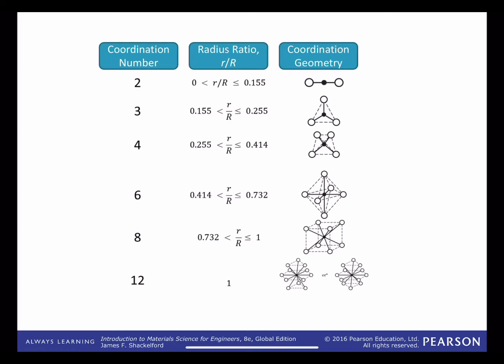Okay, so we spent some time thinking about coordination number 3. We saw how a geometric analysis could give us a minimum ratio value of 0.155 to consider. So here's the equation. So here's the radius, again, of the cation, the central feature, so that's shown in black.